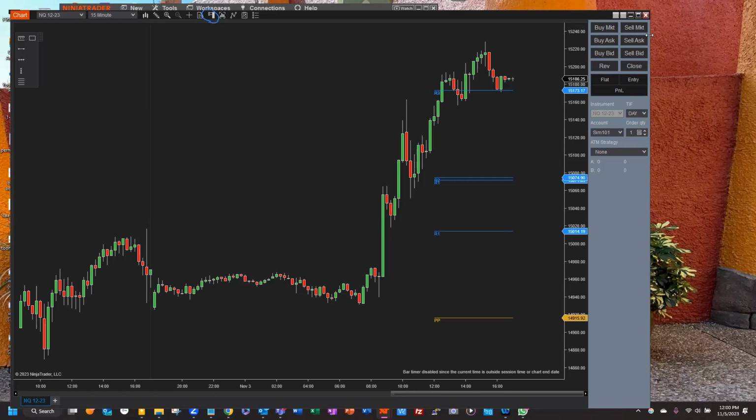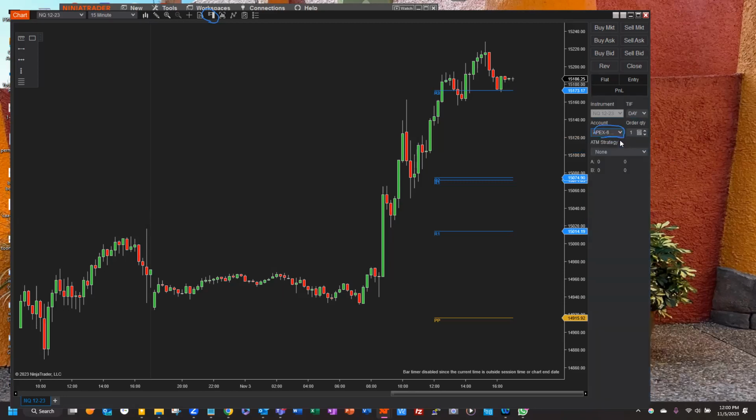This controls your money. So right now you are in simulation, which you see it's a blue or gray background, whatever it is. If you're not in simulation, you may hit the drop down menu here, and if you click on Apex, that is live.